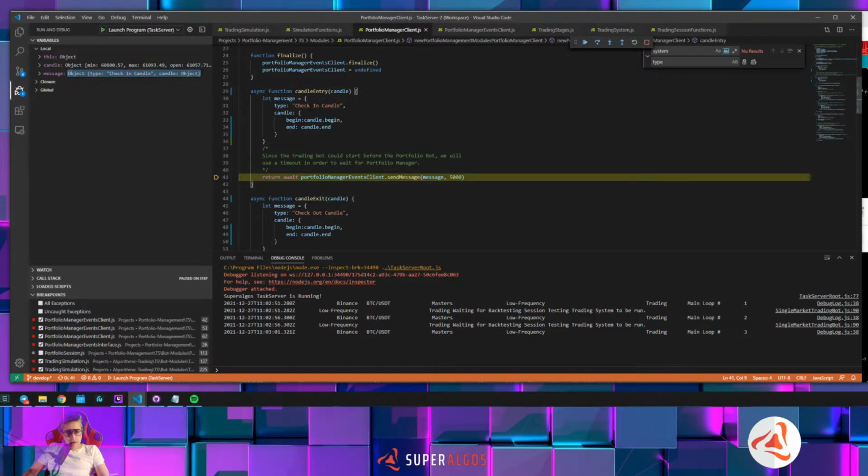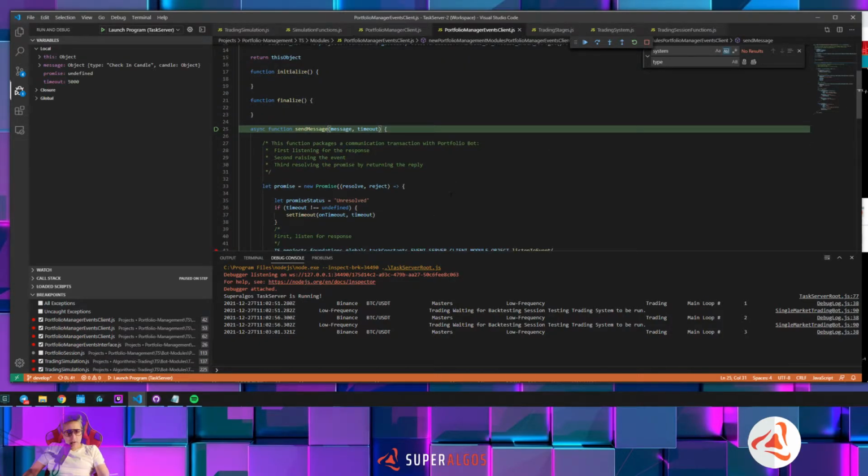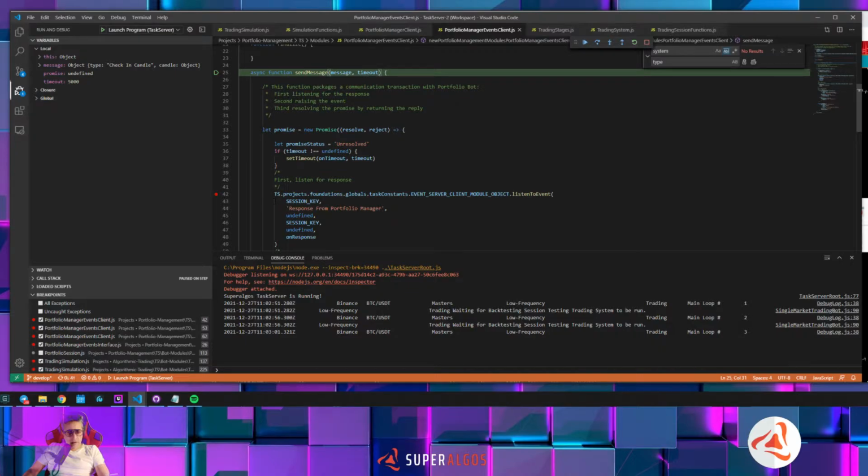And the message has the candle begin and end. Amazing. So we are going to enter here, and this is going to end up here. And we are going to send a timeout of 5 seconds.